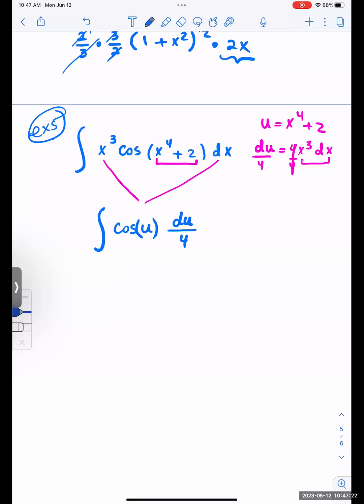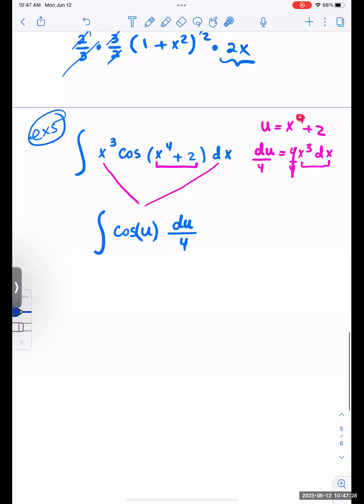Oh, how I got du? Yes. So do you see, du means the derivative of u, right? You bring the power of 4 to the front of the variable, so that's 4x, and then you subtract 1 from the power, so it's 4x cubed, and the derivative of plus 2 is 0, since the derivative of a constant is 0.